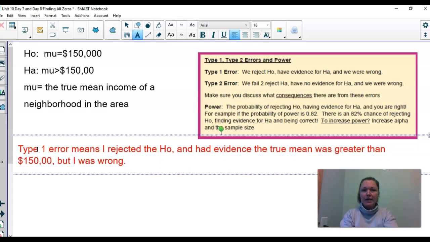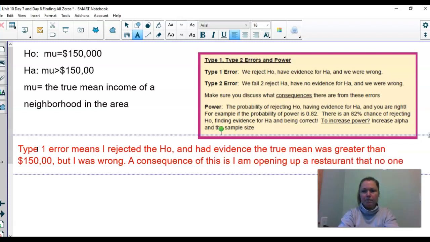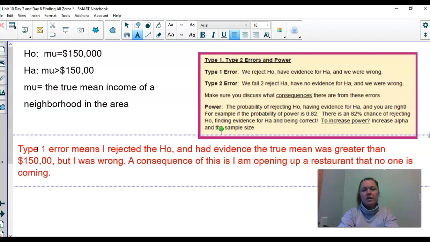What's a consequence of that? Now I'm opening up a restaurant that no one's coming to. I shouldn't say no one's going to come, but maybe not as many. So I'm not going to make as much money as I normally would. You can add that on as well.